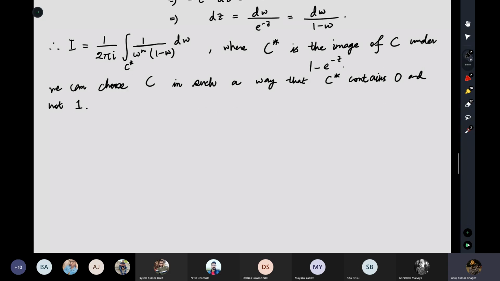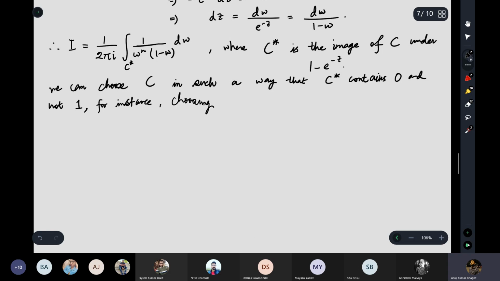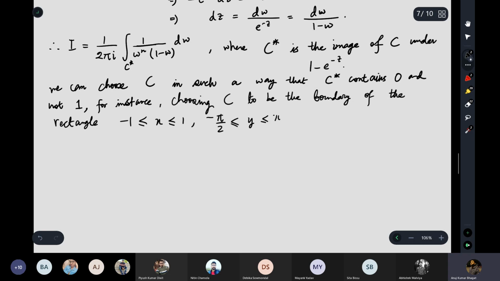So we can choose such a C, for instance, choosing C to be the boundary of the rectangle minus 1 less than or equal to x less than or equal to 1, minus pi by 2 less than or equal to y less than or equal to pi by 2 works.